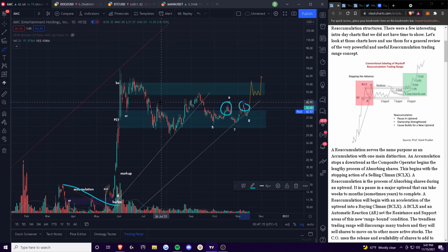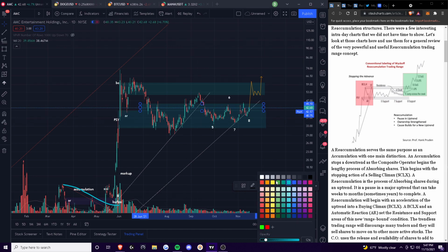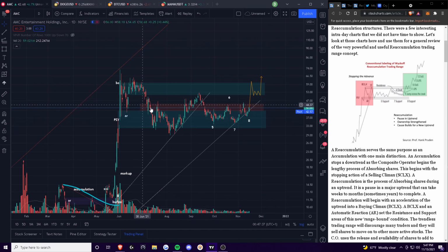And even if you wanted to say, really what we're doing is we're testing this zone from way back here, we're testing this region. This is not the resistance zone that we need to be worried about testing right now. If you want to look at it on a shorter time frame and say, okay, this is an accumulation on the short term, yeah, that's fine.